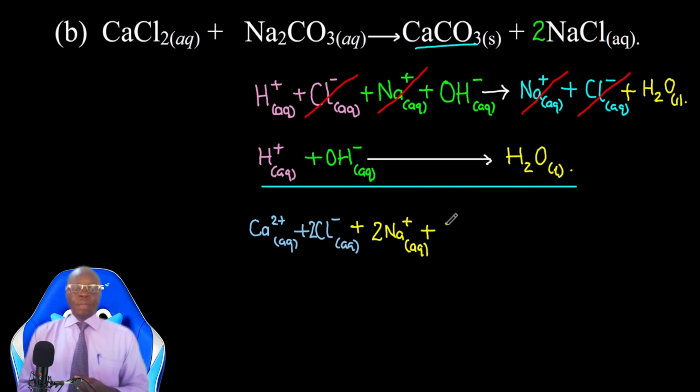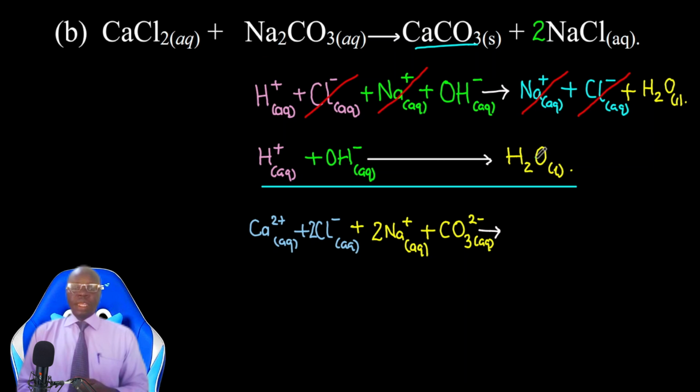So we have carbonate with 2 negative, and from here the 2 positive and 2 negative will combine back to produce the same compound here, sodium carbonate. So we are done with this side. We can separate the 2 sides always by using our arrow here.